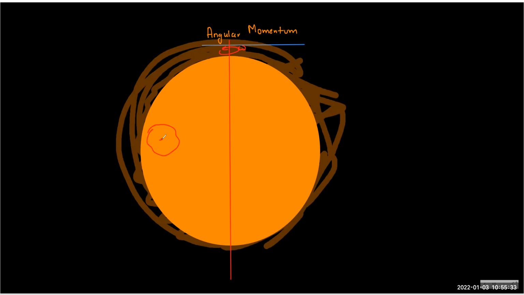The omega was so fast that the gravitational pull on this mass was not sufficient. You may consider the centrifugal force, you may think this way. So the gravitational pull was not sufficient to overcome this centrifugal force, so this got detached. But of course, it will not get detached this way. It will get detached tangentially.